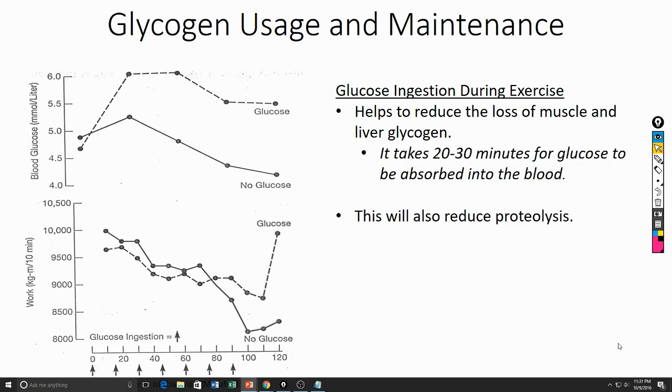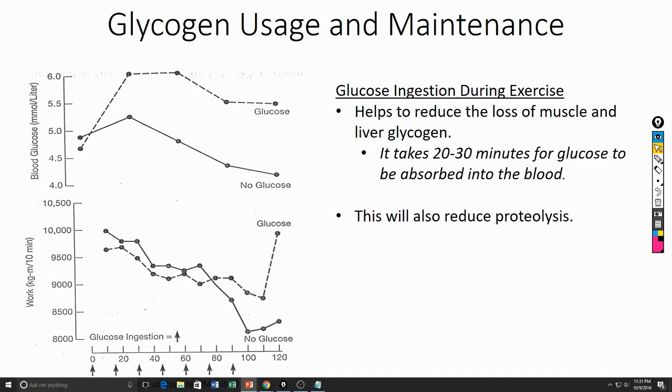So if we look at glucose and glycogen, and how we're going to preserve muscle glycogen, what we see here is that ingesting glucose during exercise is beneficial to maintaining blood glucose levels and also retaining work performance. Okay, because once again, one way that we can preserve glycogen is by using more blood glucose.